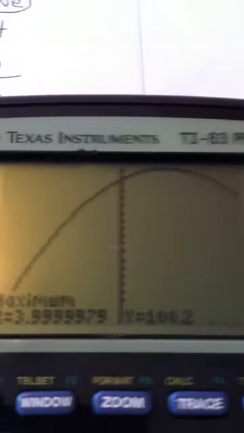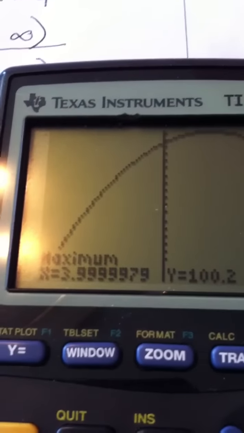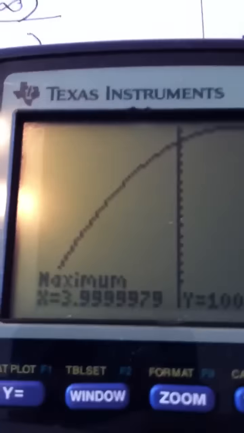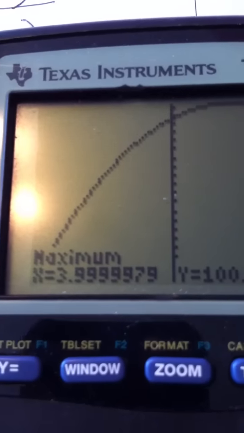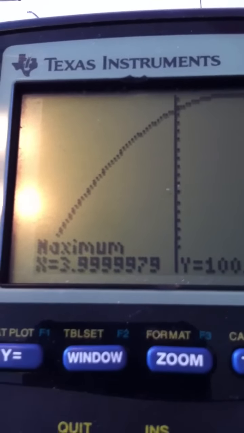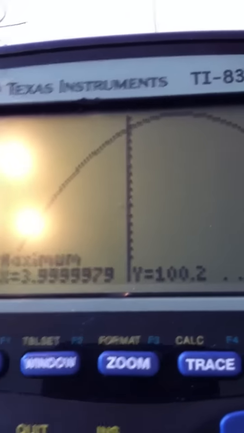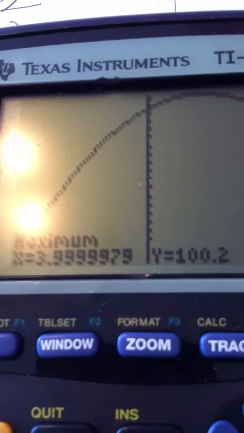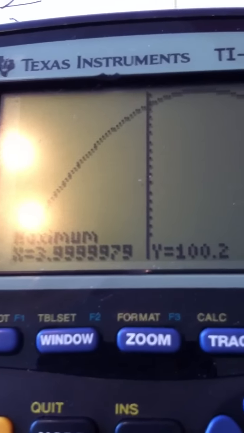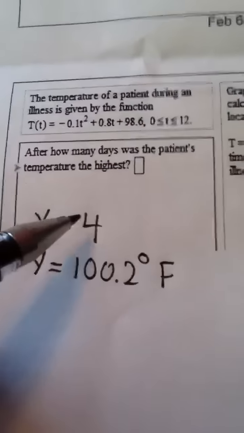And we come out with our answer, and you can see what the answer is. Let's not call x 3.9999999. Let's write the answer as x equals 4, and y is 100.2 degrees Fahrenheit. Okay, now remember what these two mean.